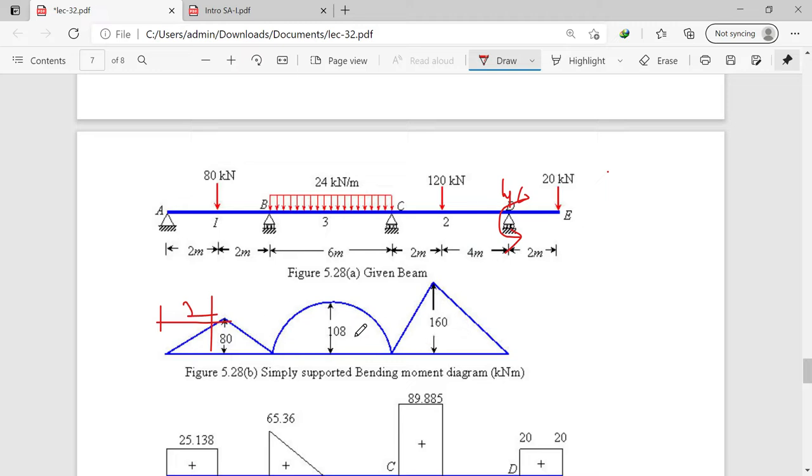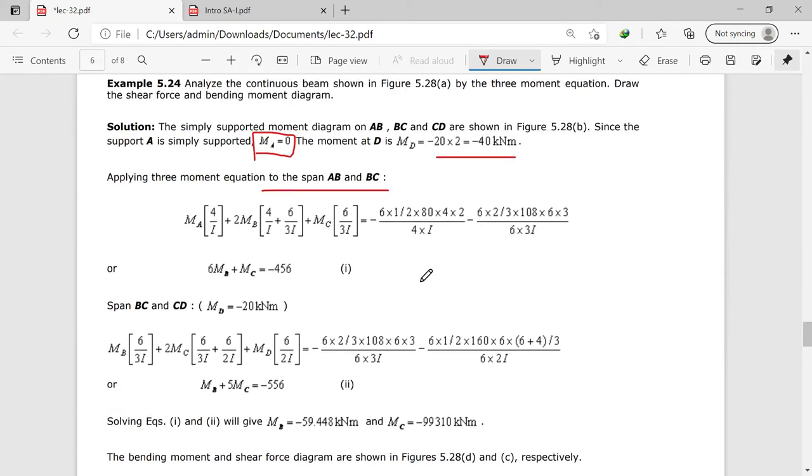For the second case, it is a parabola, so the area is 2/3 base into height, 2 by 3 into 108 at the apex, into base of 6 meter, and x bar is 3 meter at the center. So we get half into 80 into 4 into 2 divided by 4I, minus 6 into 2 by 3 into 108 into 6 into 3 divided by 6 into 3I.